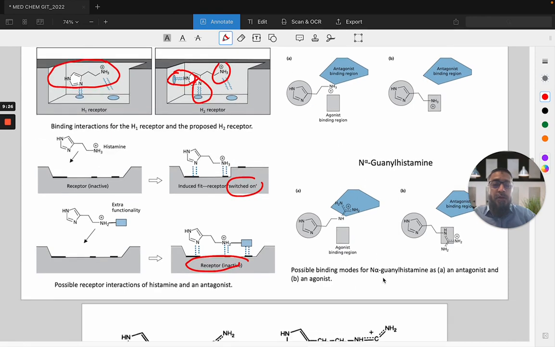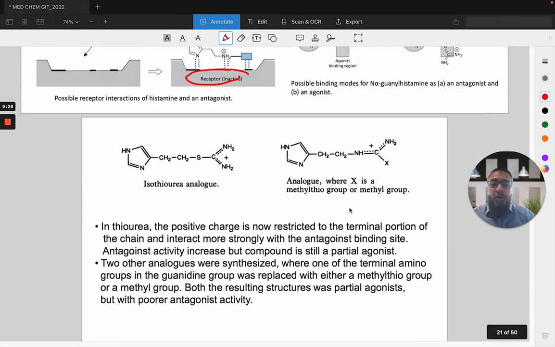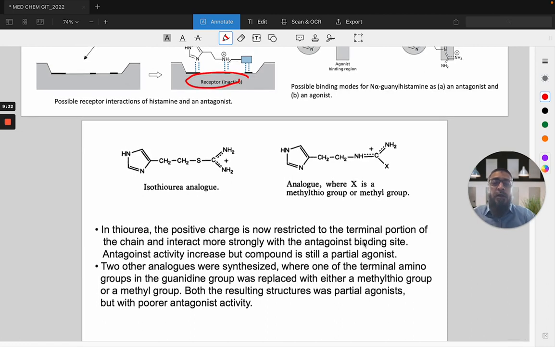So different types of molecules were synthesized in order to get a potent antihistamine, for example isothiourea, and then this methyl thio group.